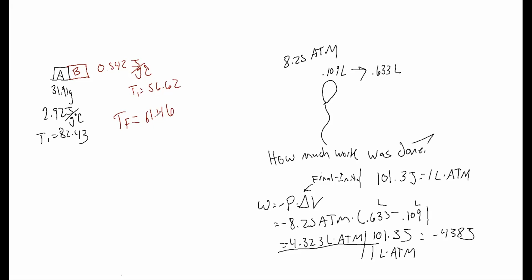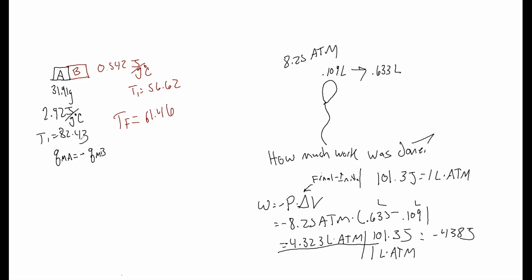All right, so the concept that we have to understand for this problem is that when two metals are in contact, they're exchanging heat. So the heat lost by one metal is equal to the heat absorbed by another metal. So the heat of metal A is equal to the negative heat of metal B. So that's saying these two are exchanging heat.